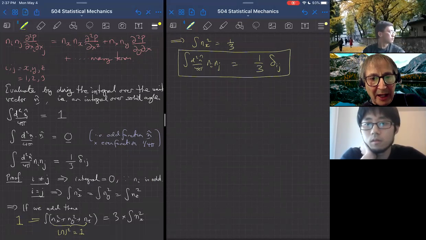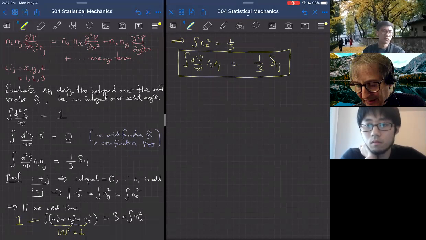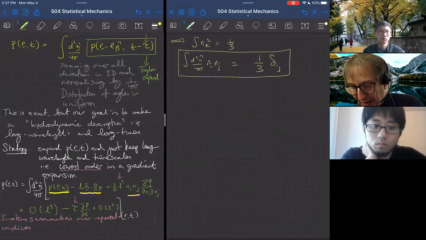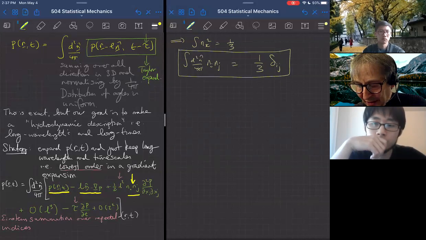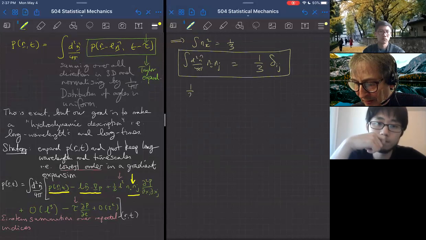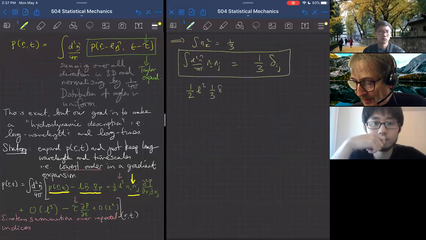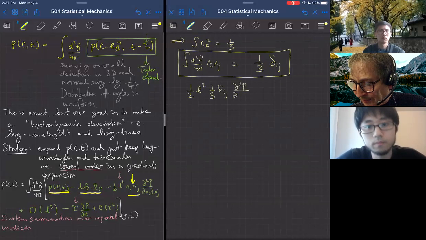So now that I know that, I can now do the full integral, because if we go back to our differential equation, this thing here is Nij times delta xi delta xj. So now what I have is 1/2 L squared 1/3 delta ij times d2p by dxi dxj.